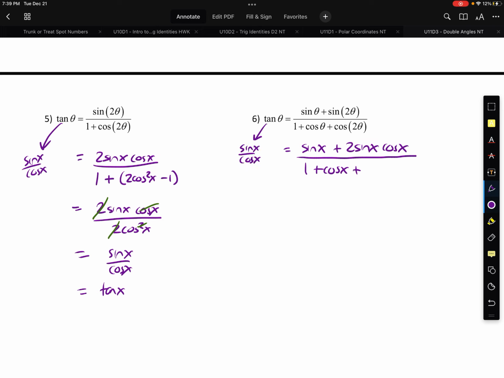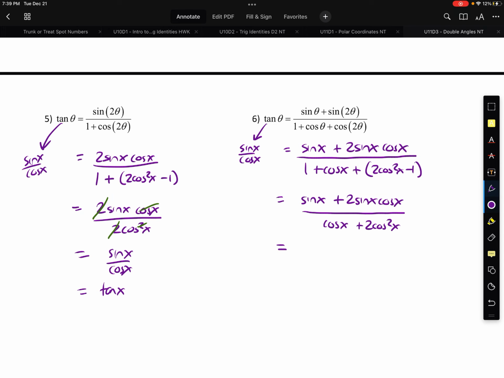And I'm thinking it may be beneficial for me down here to have everything be set up as cos. So 2 cos squared x minus 1. So I got sine x plus 2 sine x cos x over the 1's cancel, and I got cos x plus 2 cos squared x.